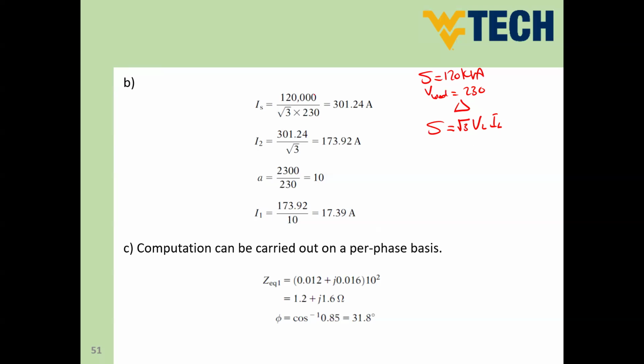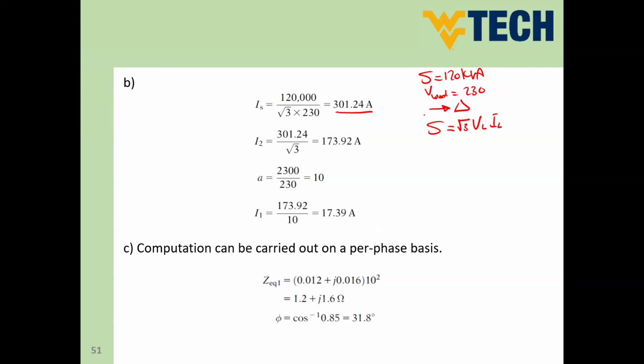So we can say now I line, which is I secondary side, equals 120 kilovolt ampere, so 120 thousand, divided by root 3 times 230 volts. So this is the line to line, or the line current of the secondary side. Remember that the secondary side is delta connection.